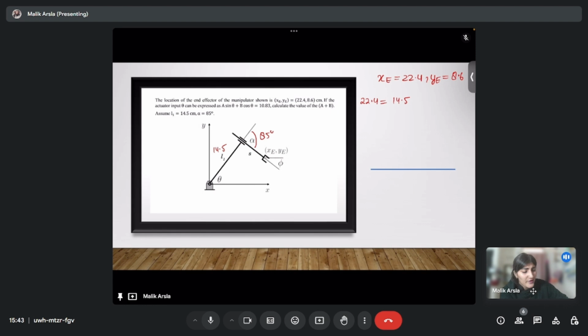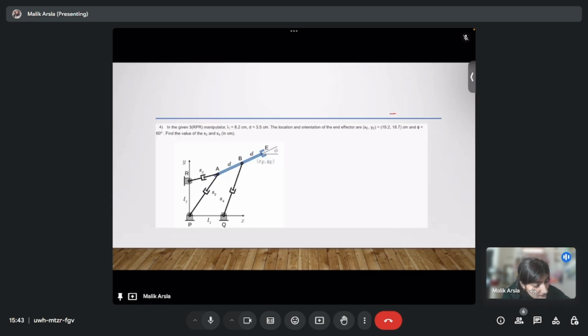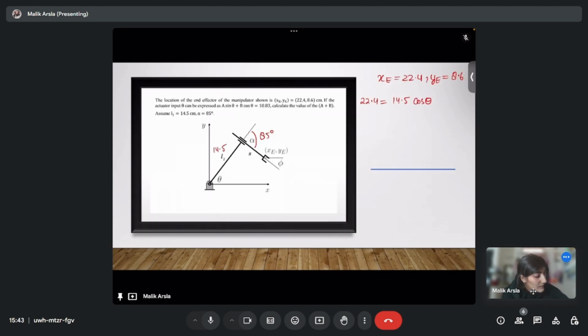So 14.5 cos theta plus s is not given, so it can be written as s cos of theta minus alpha, and alpha is also given.